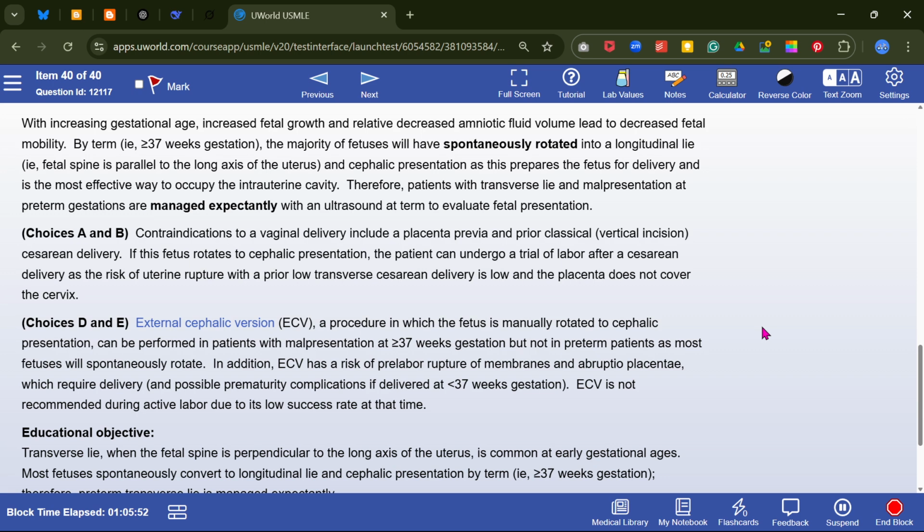In addition, ECV has a risk of pre-labor rupture of the membranes and abruptio placentae, which would require delivery. ECV is not recommended during active labor due to its low success rate at that time.